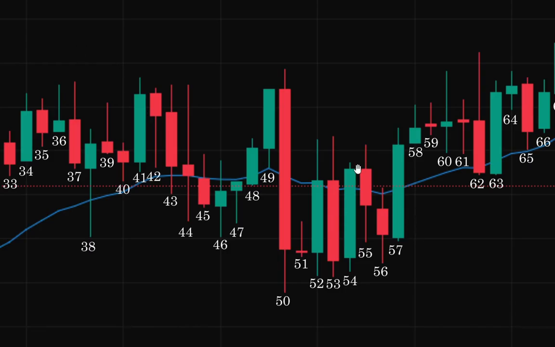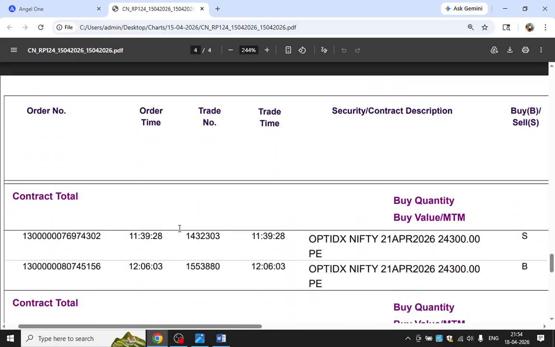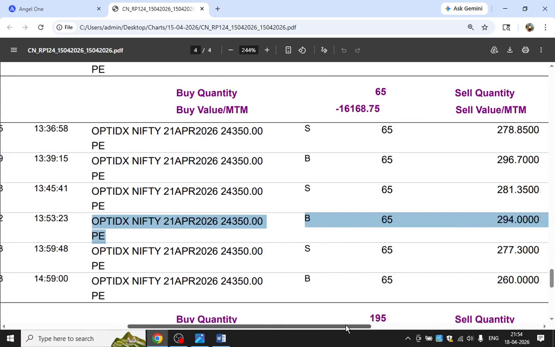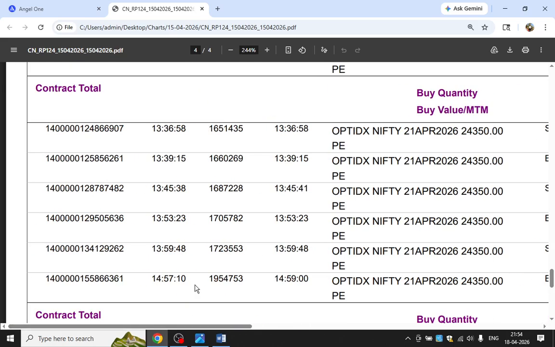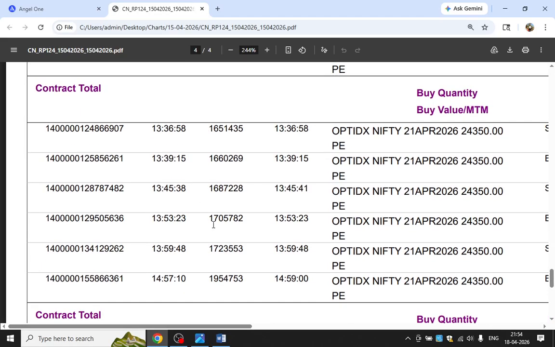Again, after seeing this bar, a big bull bar, I took a trade at bar 55. I sold one PE at 153, and I had to get out at 145.